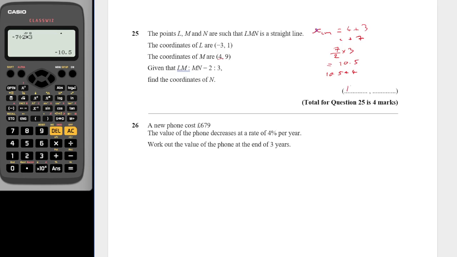So my x coordinate would be 14.5. My y coordinate has gone from L to M from 1 to 9, so 9 minus 1 is 8. If I do 8 divided by 2 times 3, that's going to give me 12. So I'd finish by doing 9 plus 12, so we want 12 more, so that's going to be 21. There we go, so 14.5, 21.